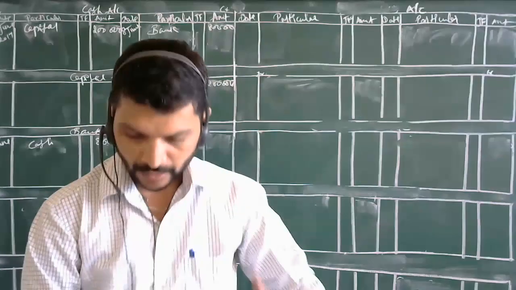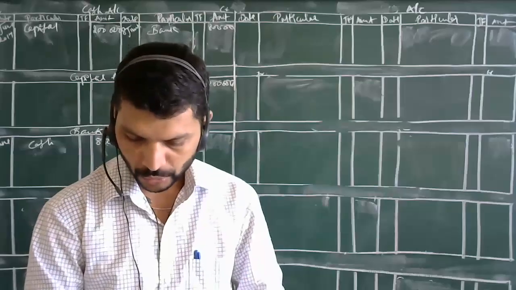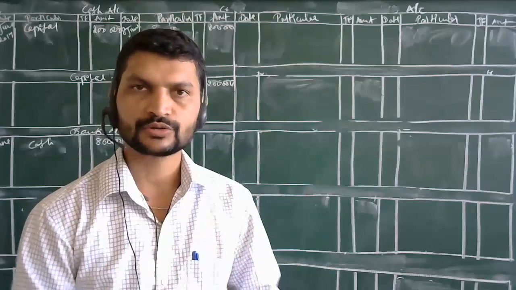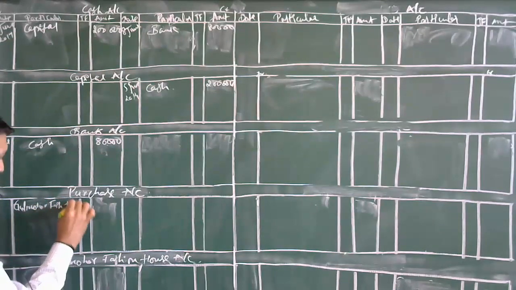Gulmohar Fashion House account. So what transaction takes place here? What is the journal entry? Purchase account debit to Gulmohar Fashion House. Purchase account is debited. Gulmohar Fashion House. Okay.